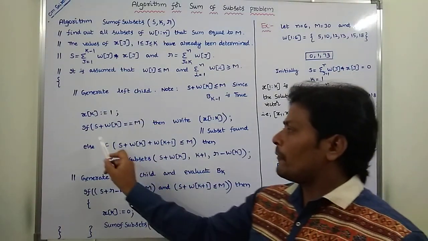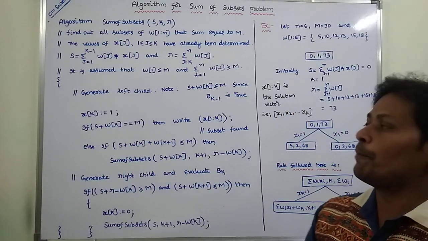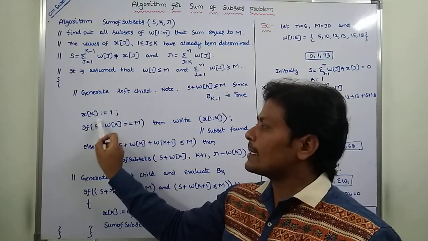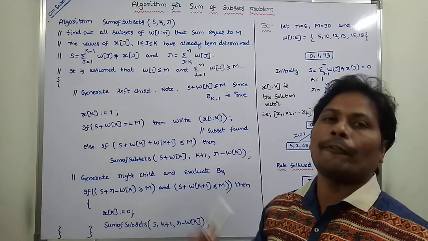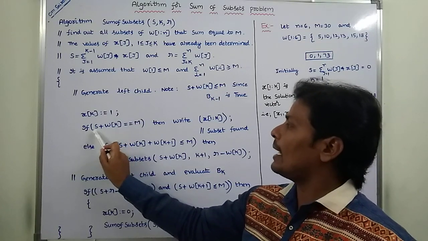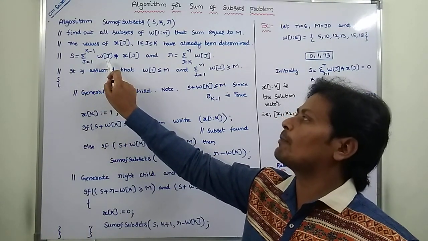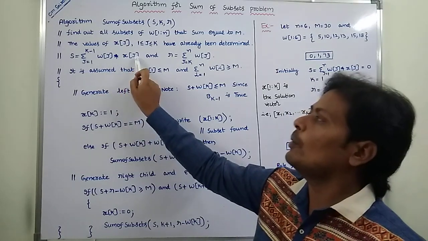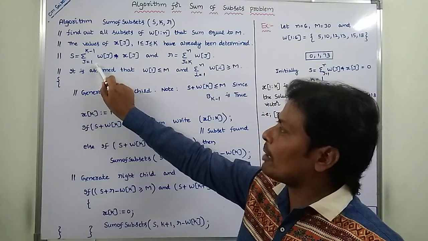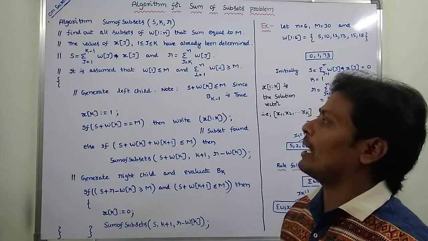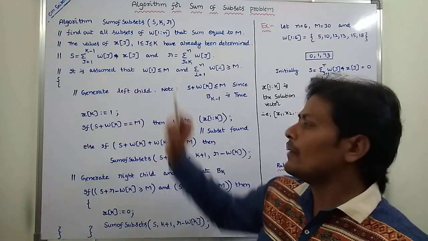If S plus W of k is equal to M. Here we are considering the kth object, its weight is W of k, plus initially the S value is sigma j equals 1 to k minus 1 of W of j into x of j. S value is j equal to 1 to k minus 1, product of weight and x of j.